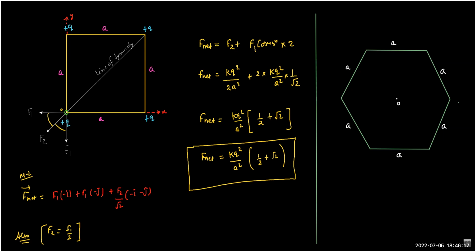So we have a charge at every vertex. A little bit of geometry and you're done. You can find the force on any one of the charges. I will choose this one. No matter which one you choose, the answer won't change. So here we have two adjacent charges which will apply force like this: repulsion and repulsion, right?